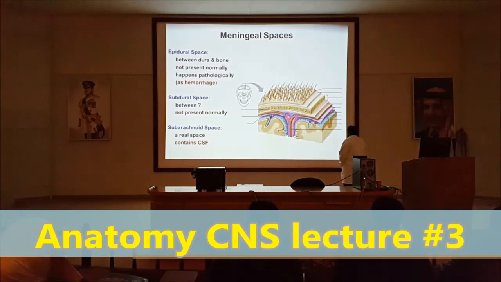You have, as I mentioned, meningeal arteries and large venous sinuses. So when you have a fracture in these bones of the skull, it will directly injure these blood vessels, leading to hemorrhage. This hemorrhage will lead to blood accumulation between the dura, the meningeal layer, and the bone. This blood accumulation will produce a space. We call it epidural space.